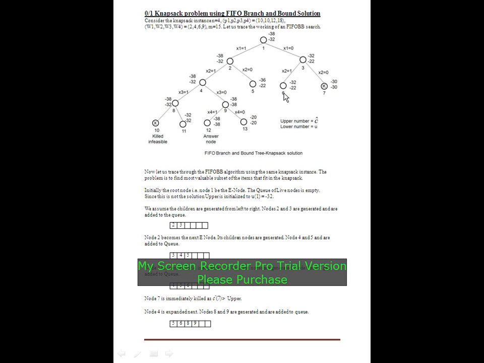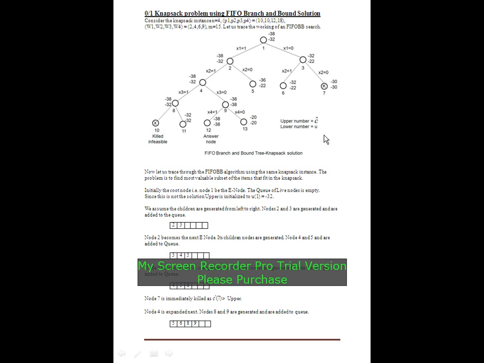But here you have to expand and then calculate the least cost. That is the only difference between the two approaches. So here in this problem, the processing is the same, but expansion is needed for each node. After expansion, we are checking whether that allows further expansion or we have to kill or prune that node. So we are continuing in this manner until the nodes are exhausted.